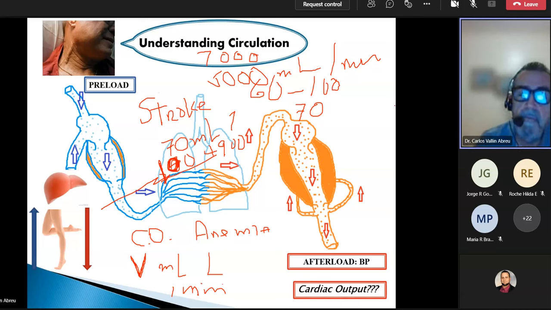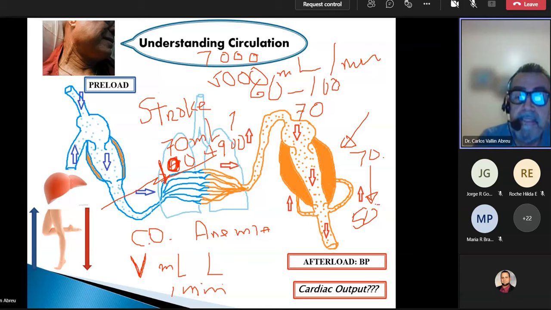Of course, if you have a left heart that is weak, then the heart cannot pump as much volume of blood. So this 70 milliliters, which is the normal, is going to be decreased. And now it's going to be 50. So a heart failure decreases the cardiac output.